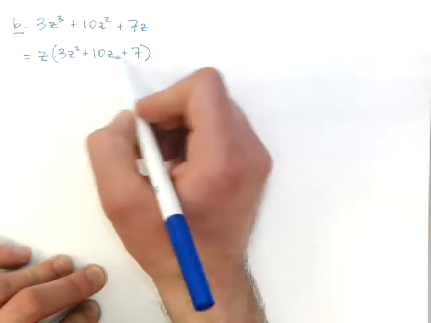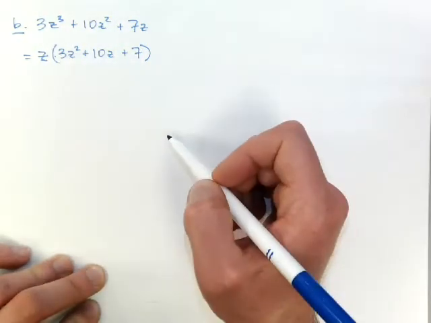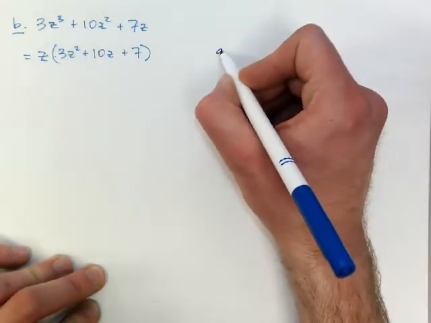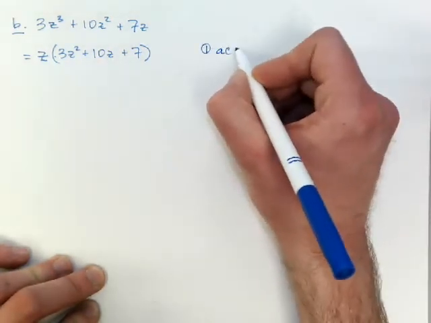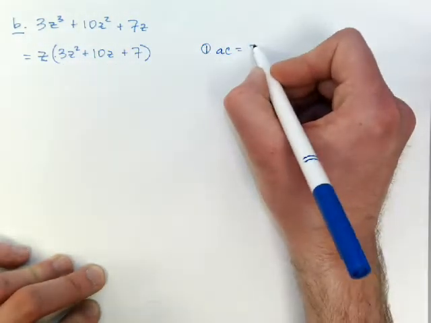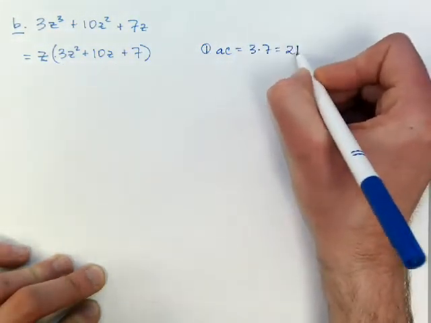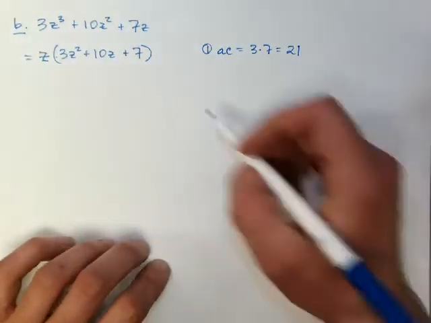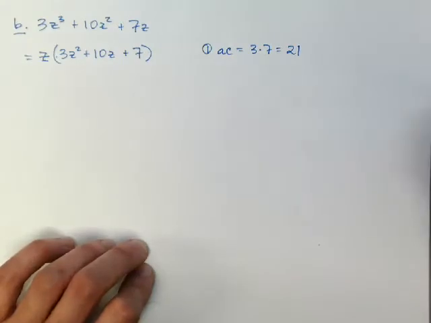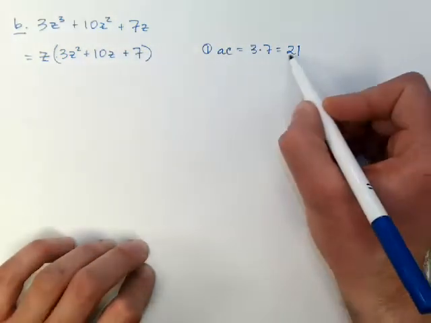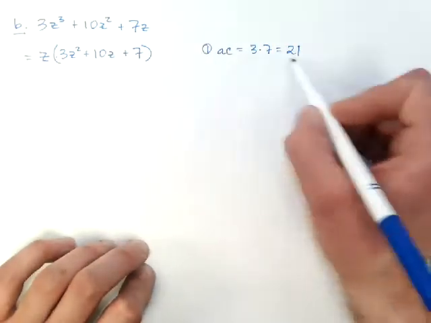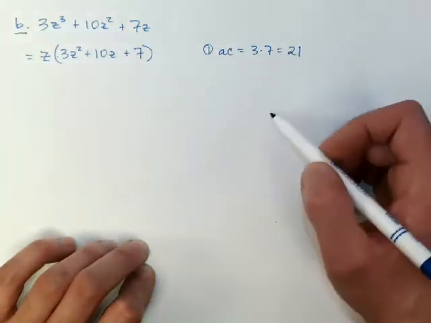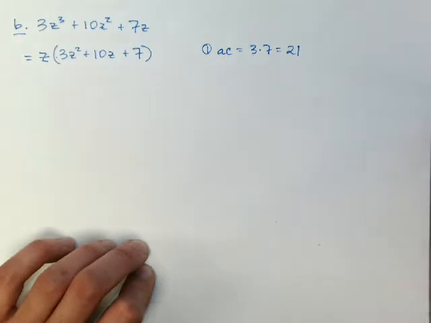Now we need to look at the 3z squared plus 10z plus 7 and use our AC method on that one. AC is 3 times 7, positive 21. We know we've got to multiply to a positive, and they need to add to a positive, so we're looking for 2 positive factors of 21 that add up to 10.